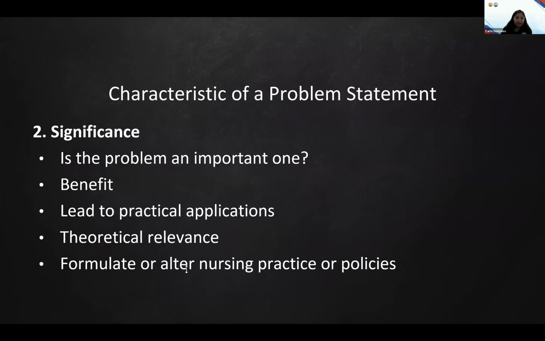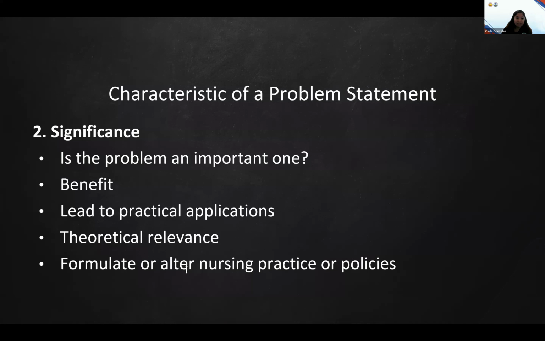Okay. The second characteristic, again, the first one is researchable. The second one is significance. I've mentioned this earlier. It should be something that we can utilize, we can apply. Is the problem an important one? It may not be important for certain groups, but if it can be utilized by other groups, then that's still good.